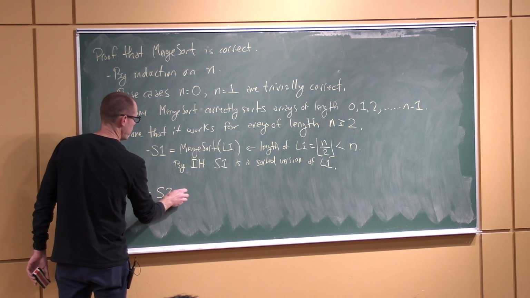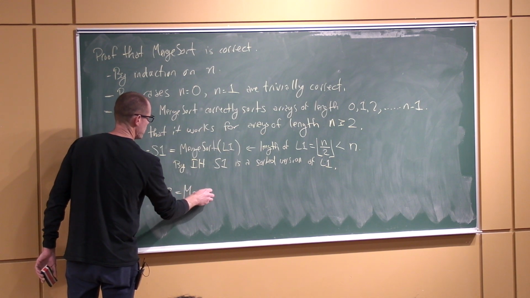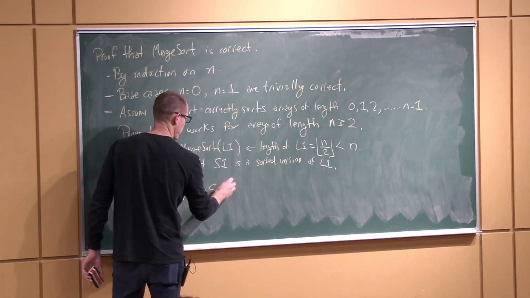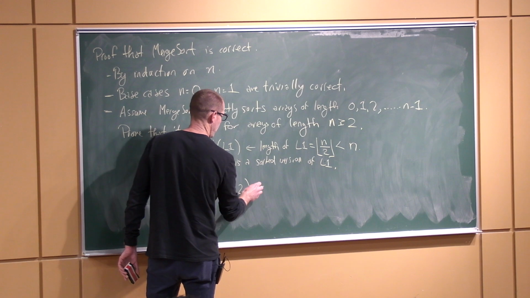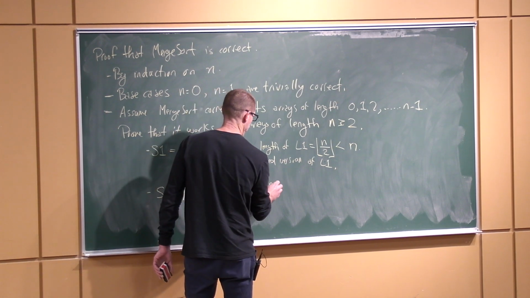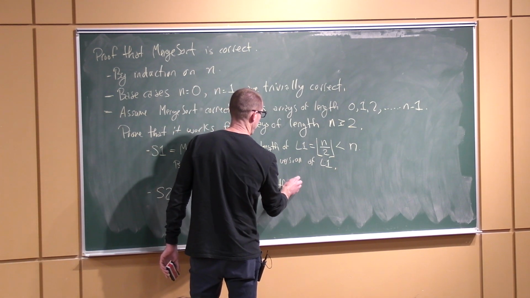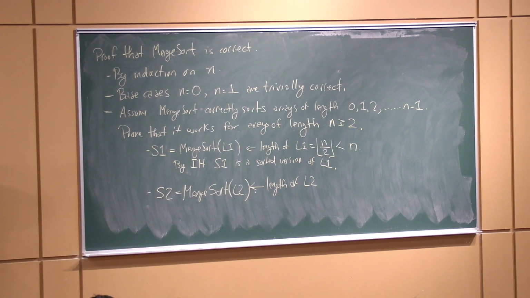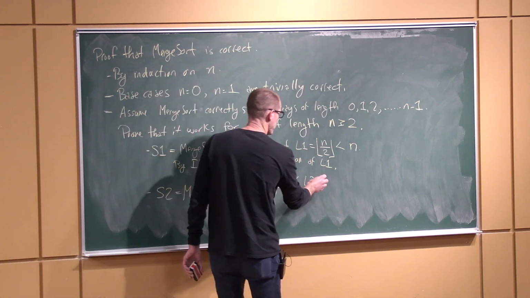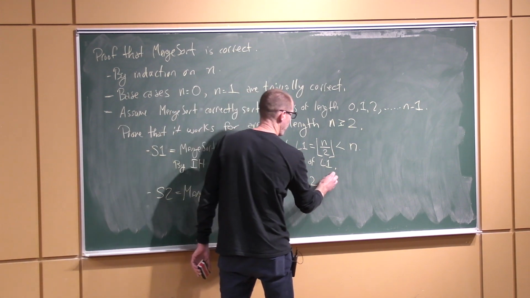And then S2 is what we get from calling MergeSort on L2. And the length of L2, this is the one we actually have to be careful with. So it's everything that's not in L1.